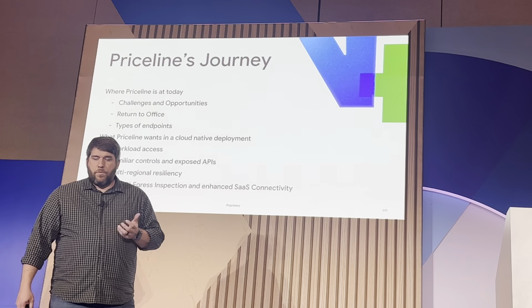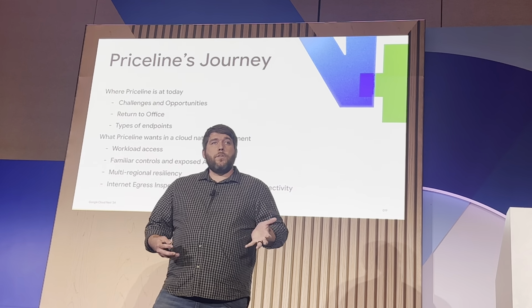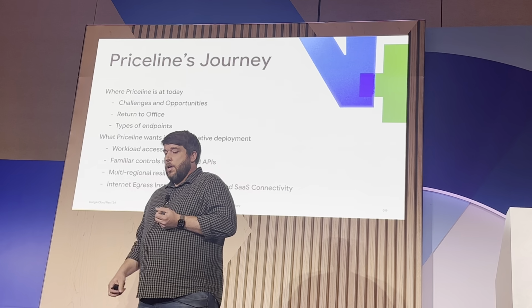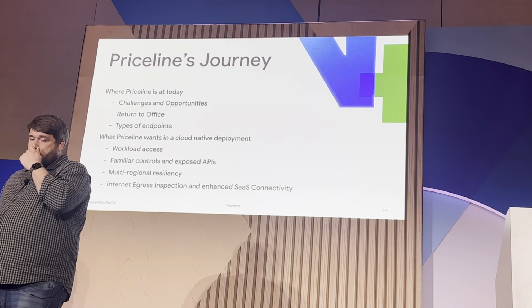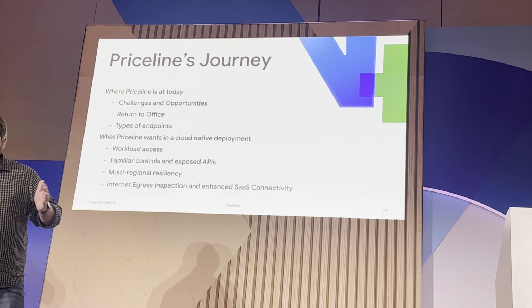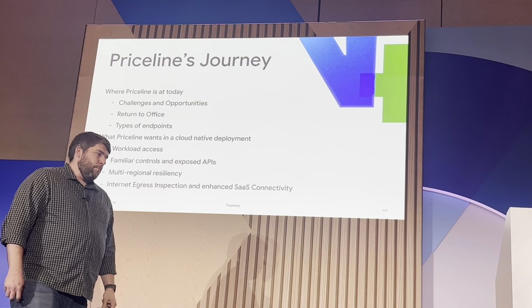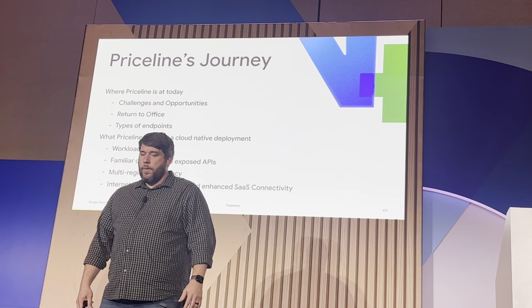We leverage an infrastructure as code pipeline, so we need to be able to continue to manage all of these pieces using that pipeline. And we want to surface all of the great Google APIs available today while continuing to increase our connectivity and performance with the SASE partners that we work with as well.